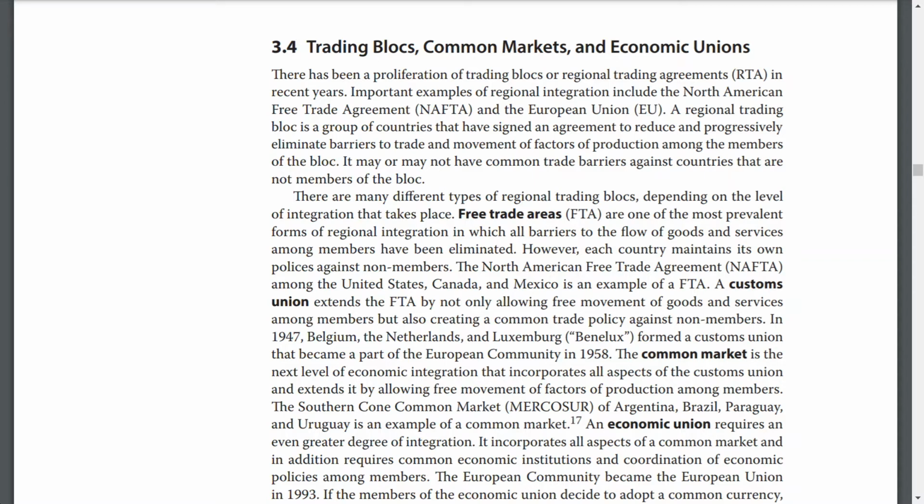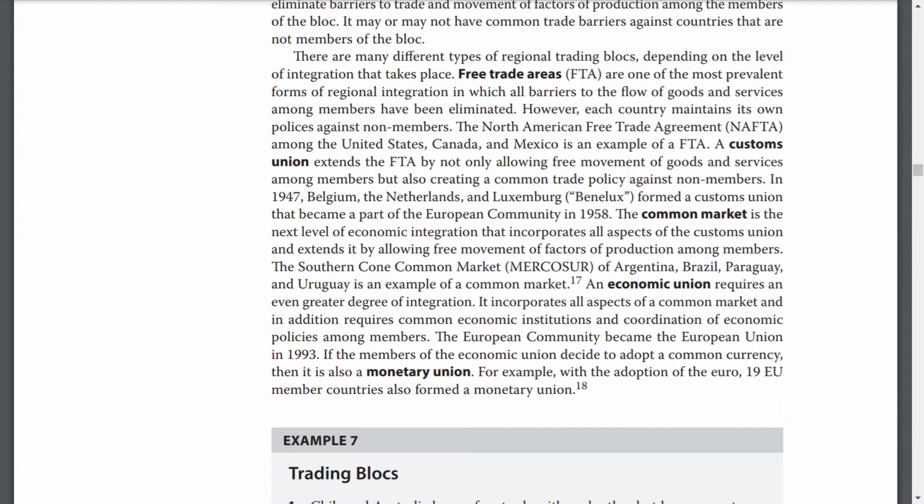A common market is the next level of economic integration that incorporates all aspects of a customs union and extends it by allowing the movement of factors of production among members. The Southern Cone Common Market of Argentina, Brazil, Paraguay, and Uruguay is an example of a common market. An economic union requires an even greater degree of integration and incorporates all aspects of the common market, in addition to requiring common economic institutions and coordination of economic policies among members.